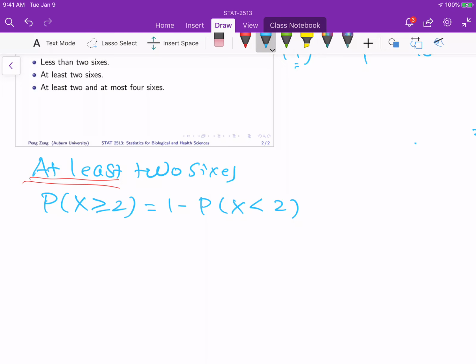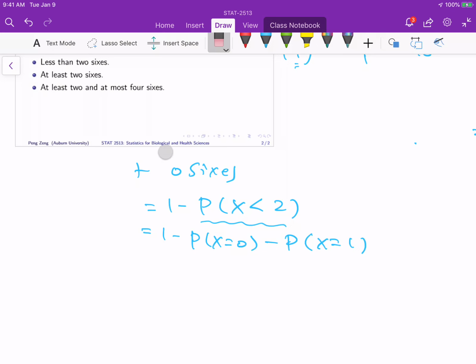In fact, we've already explained how to calculate this. If you write it out, you just need to calculate 1 minus probability x equal to 0 minus probability x equal to 1. The remaining steps are omitted, and you can try to complete them by yourself.